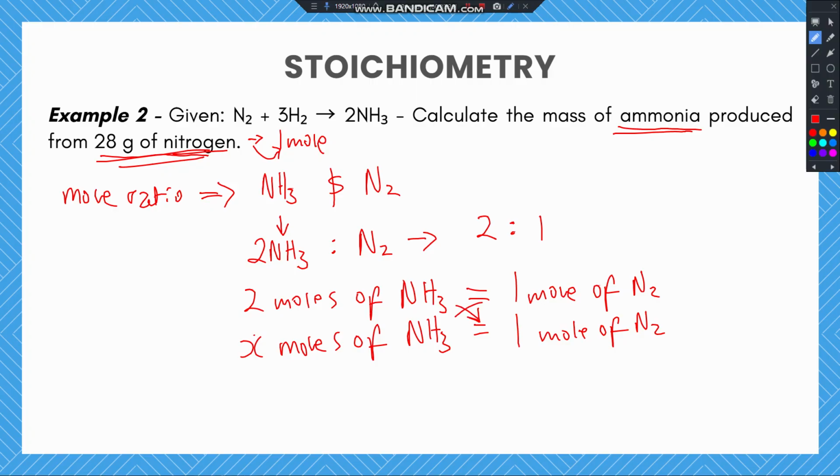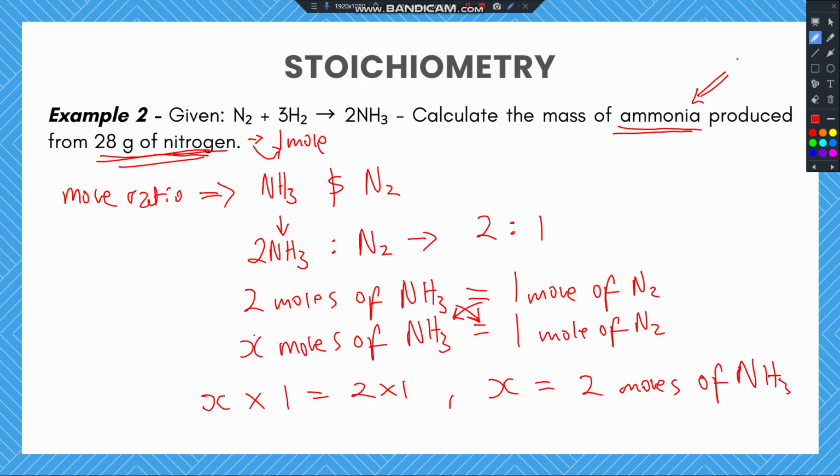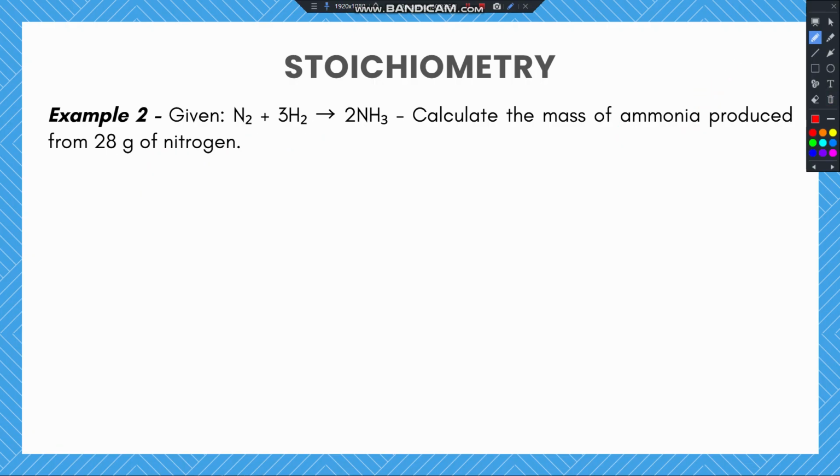So we cross multiply, and this gives us X multiplied by 1 equal to 2 times 1. So therefore X is equal to 2 moles of ammonia NH3. So the number of moles of ammonia produced is 2. But we're not done. The question says calculate the mass. So step number 4 would be to convert number of moles into mass.